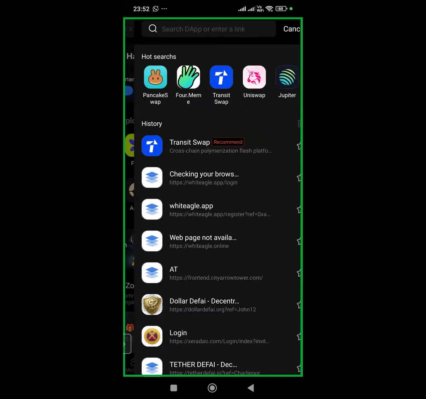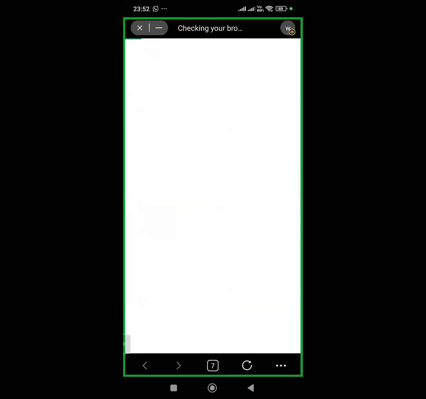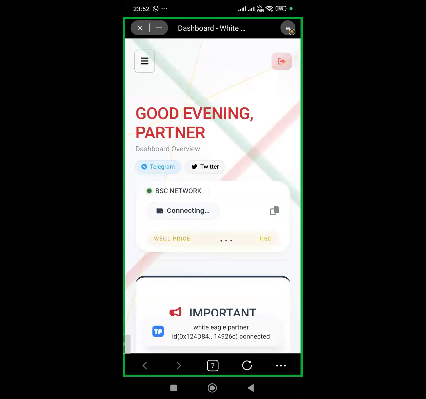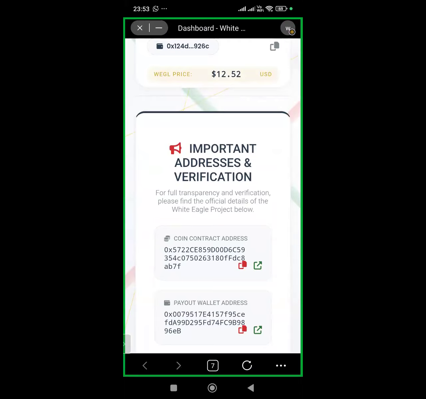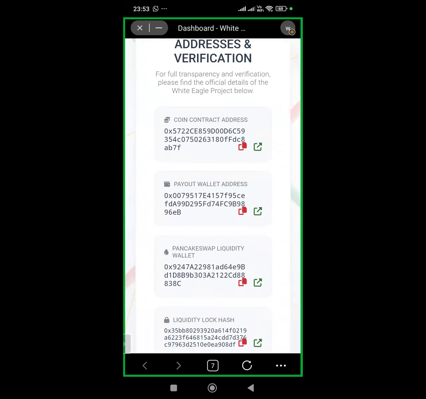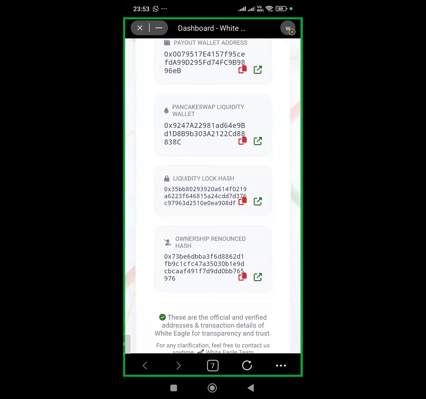So I have shown you the liquidity. I have shown you the liquidity has been transferred. When he put liquidity, he received the Cake LP, and this Cake LP has been transferred to the null address. Even if you are not able to find it, we have already given you the liquidity lock hash.